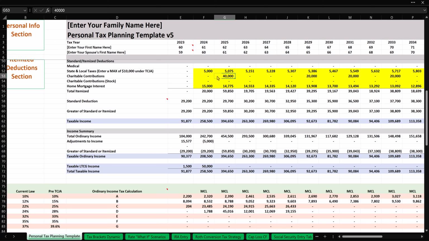On the other hand, maybe your giving strategy is such that you're actually good doing $40,000 here, and then you'll just bunch 20 every other year going forward after that. It's just going to depend on what you want and your ability to accomplish it. But the key takeaway is that by bunching contributions into the same year, we're able to accomplish other tax planning goals like larger Roth IRA conversions without bumping ourselves up into those higher brackets.